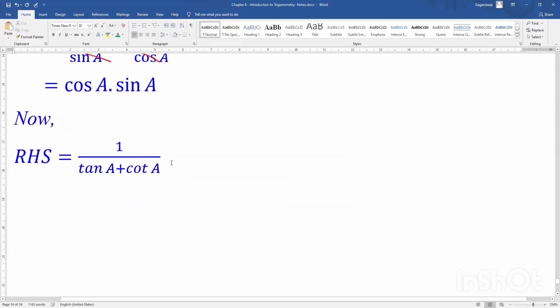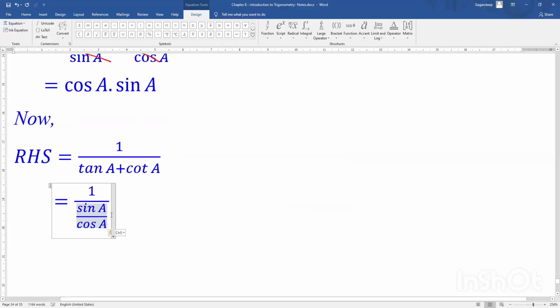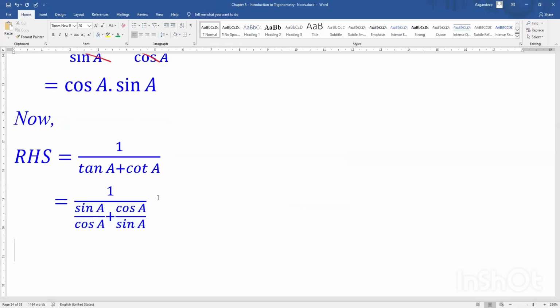We have the RHS, which is 1 by tan A plus cot A, which is equal to, let me write the fraction here. The numerator is 1, and tan A you write as sin A by cos A, and cot A is nothing but cos A by sin A.